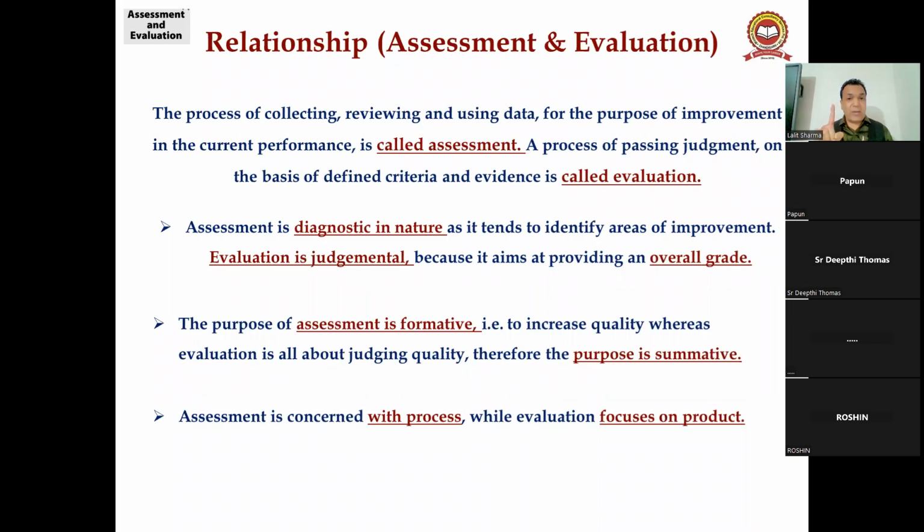Look, formative, current, diagnostic, these words are associated with assessment, and overall, summative, at the end, these words are associated with evaluation, right? The purpose of assessment is formative, to increase quality, whereas evaluation is all about judging quality. Therefore, the purpose is summative. Assessment is concerned with process. Evaluation focuses on the product.